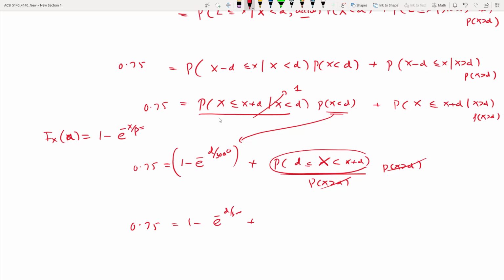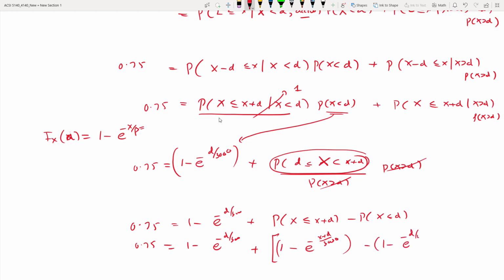So I can calculate this. This is basically probability X less than or equal to x plus d minus probability X less than or equal to d. So that gives us 1 minus e to the power negative (x plus d) over 3000, minus 1 minus e to the power negative d over 3000.